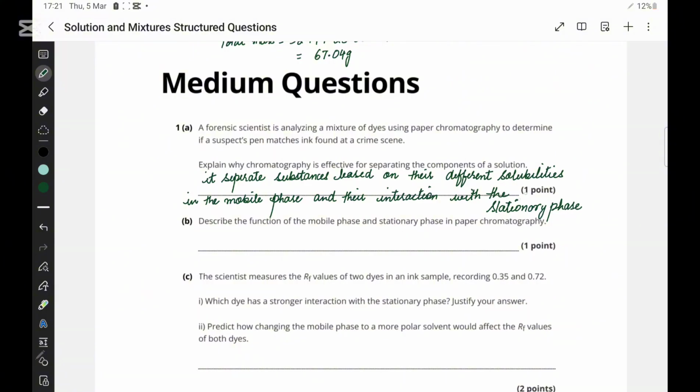Stationary phase is paper. So describe the function of the mobile phase and the stationary phase in paper chromatography.